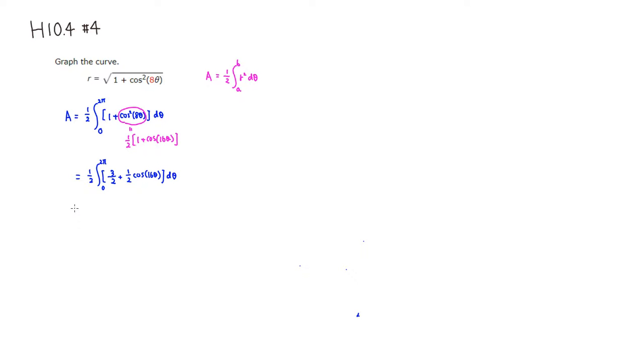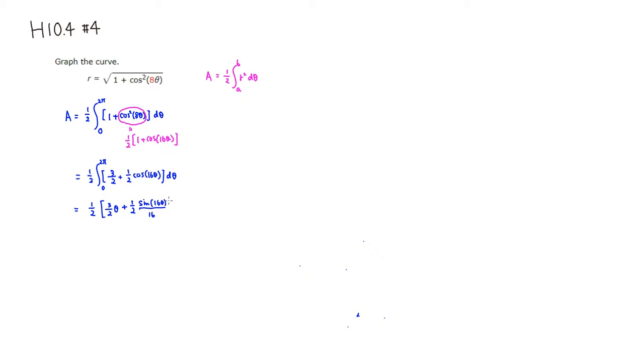So this is going to be equal to 1/2. The antiderivative of 3/2 is 3/2 theta, plus you have a 1/2. The antiderivative of cosine is sine of 16 theta, and you have to divide by 16, right?